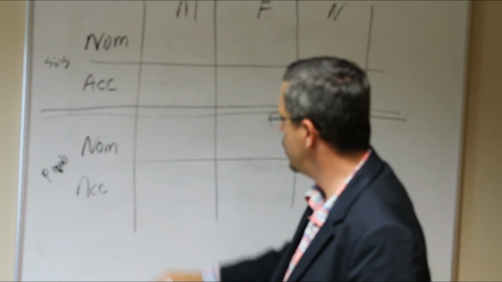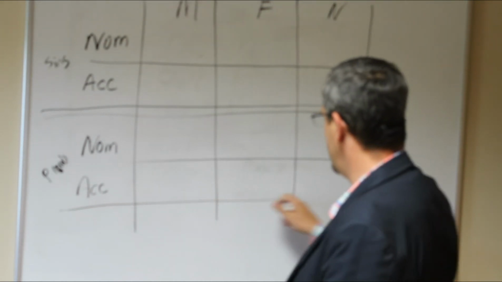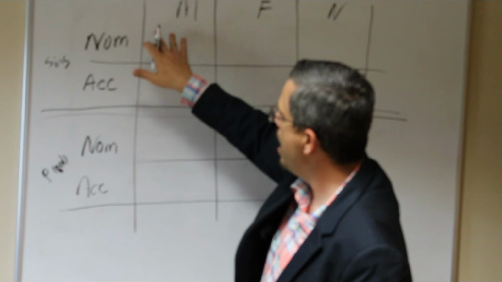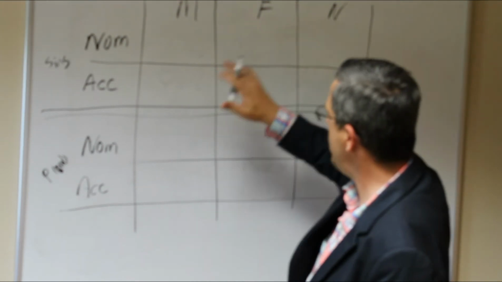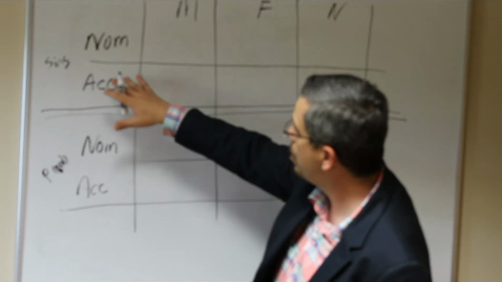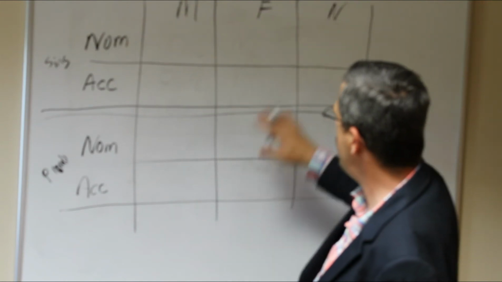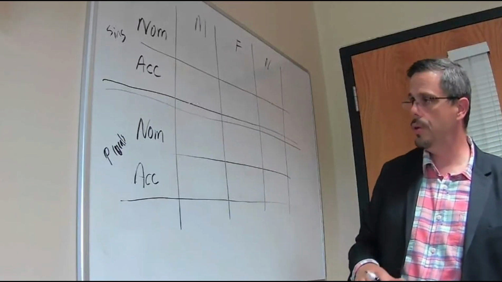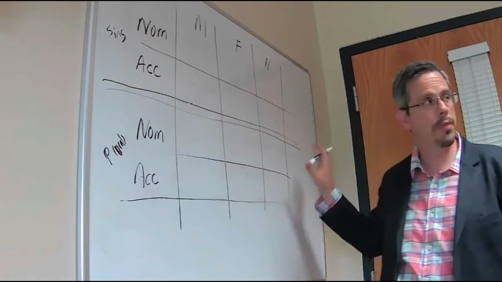In this chart, you've got nominative masculine, nominative feminine, nominative neuter. You have accusative masculine, accusative feminine, accusative neuter. Then you have the plurals of all of those as well.